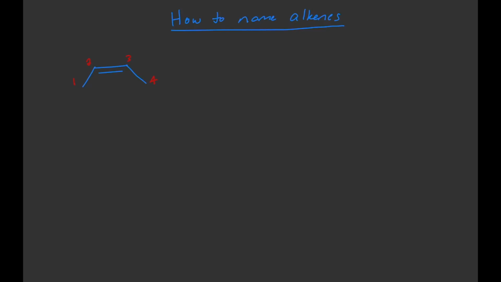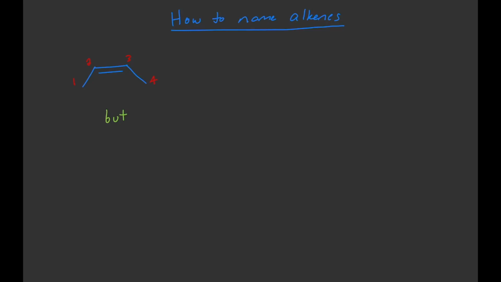Okay, so for this compound, we will have our base name, which is going to be bute, because there are 4 carbons in the chain. Now, when naming alkenes via the IUPAC method, we have to identify where in the chain the alkene is.